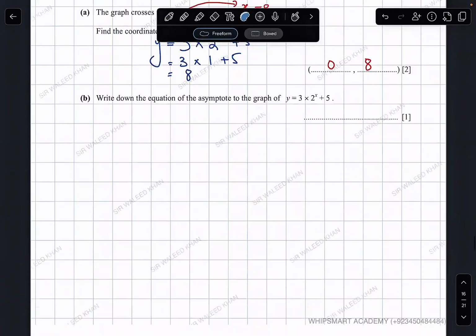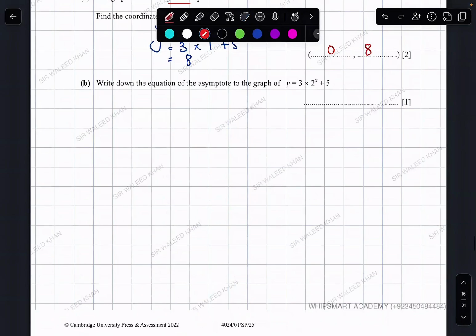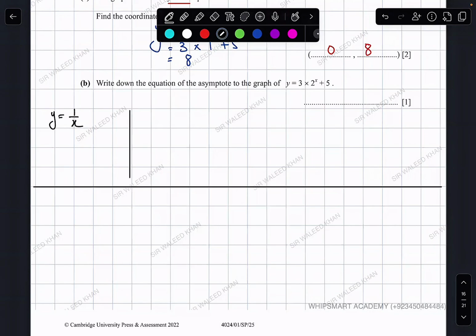Over here, we have to understand something. For example, we have an equation like y is equal to 1 over x. Now this is a reciprocal, and for this we have to understand that the reciprocal graph is like this. It is going to avoid the x-axis and the y-axis.